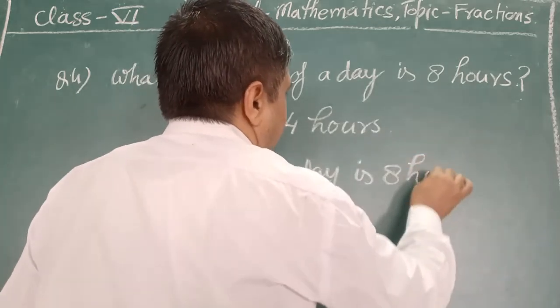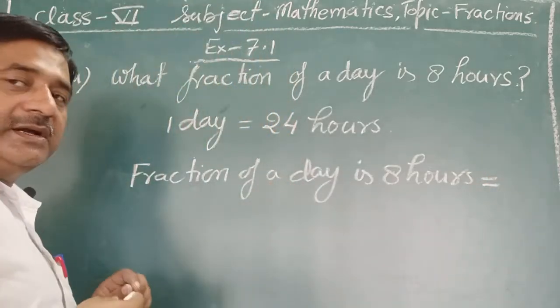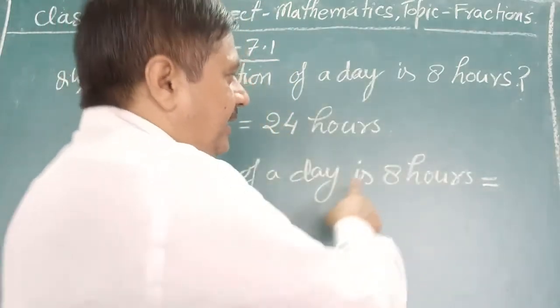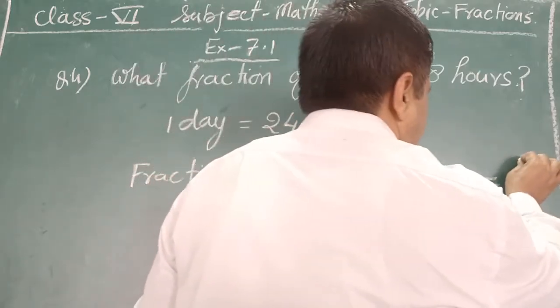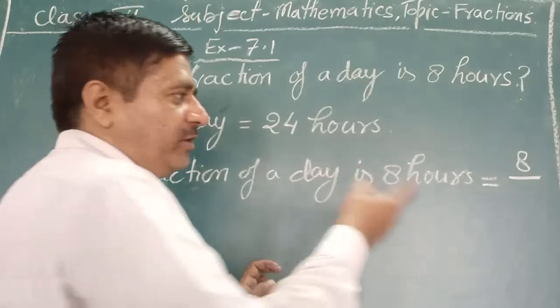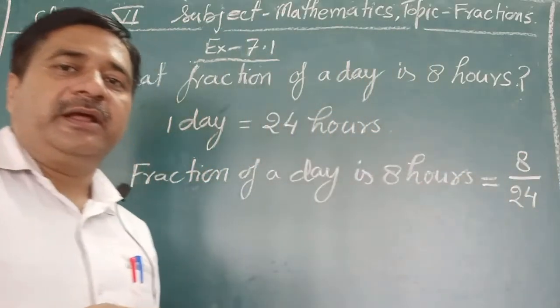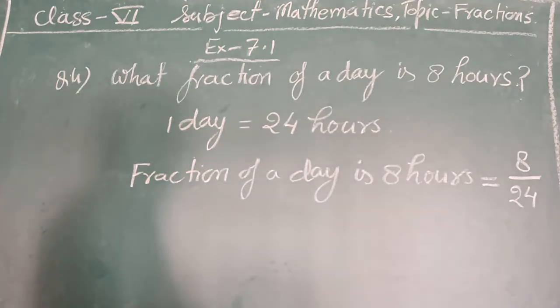First you write 8 in the numerator and the total hours in a day in the denominator. That is, you write 8 by 24.